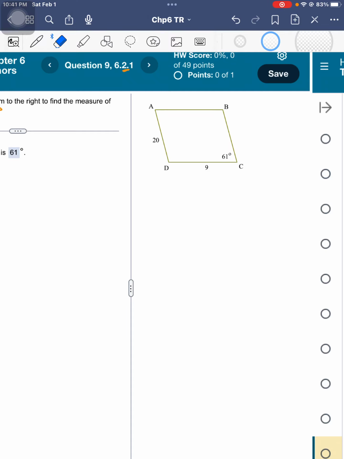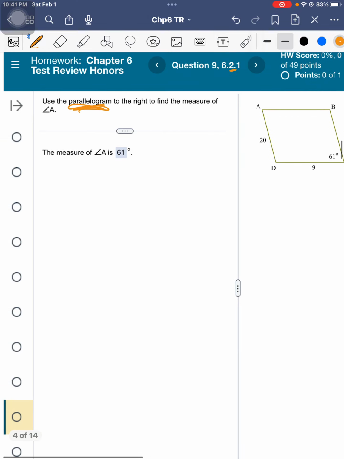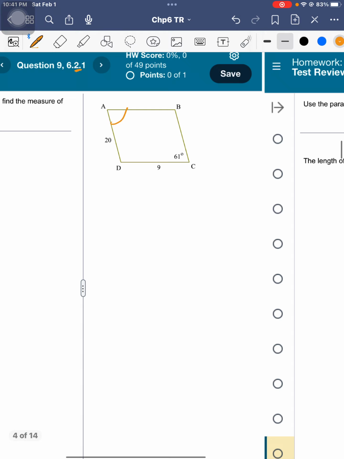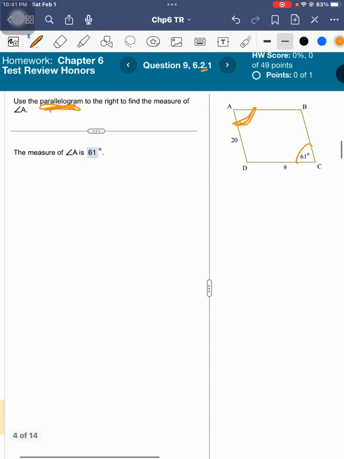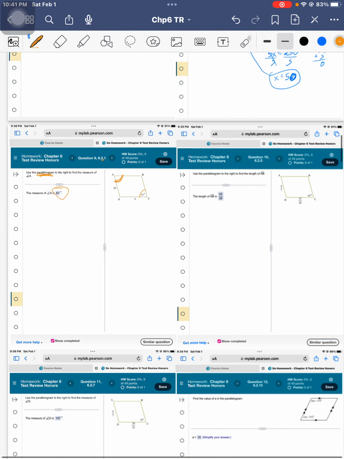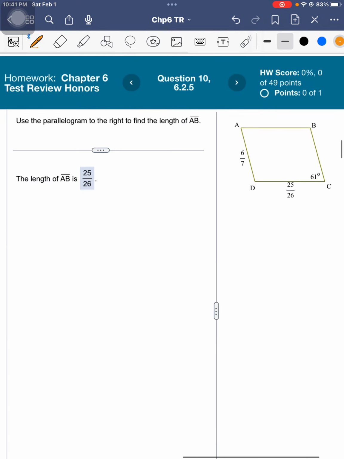So they want us to find the measure of angle A. They want us to find this. Well, if we know it's a parallelogram and opposite angles are congruent, A should just be 61, which it is. Okay, what about this? Use the parallelogram to find the length of AB. Well, we know that opposite sides are congruent in a parallelogram.